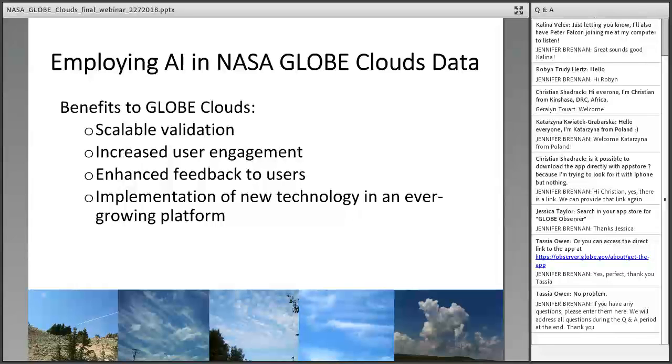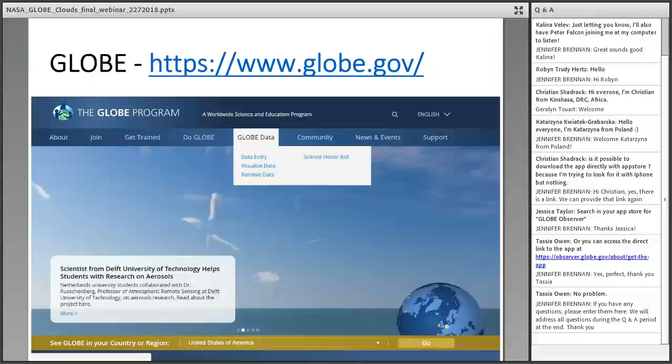So hopefully this is a way that they can engage more with the cloud match process. And finally, this is a nice way to introduce artificial intelligence and new technologies into the Globe Observer and Globe Clouds platform. So with that, I'm going to be passing it back over to Marilei, and she will tell you more about how you can reach us at the Globe website.